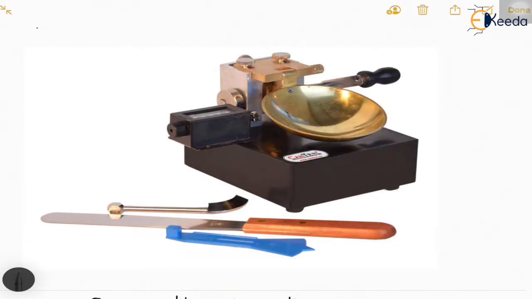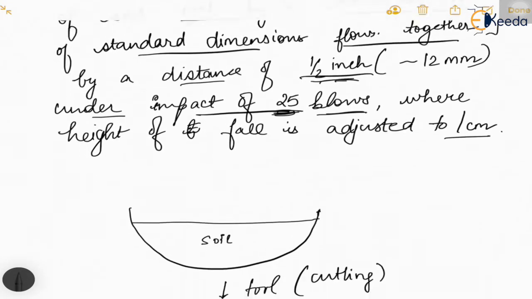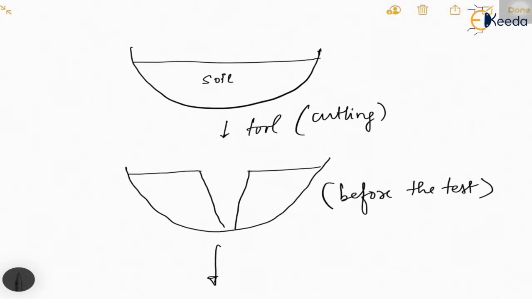This rotational movement creates an impact force on this bowl, and Casagrande said that under the impact of 25 blows, where height of fall is adjusted to around 1 centimeter and the distance flown by the soil sample is around half inch, that is this distance they are talking about.